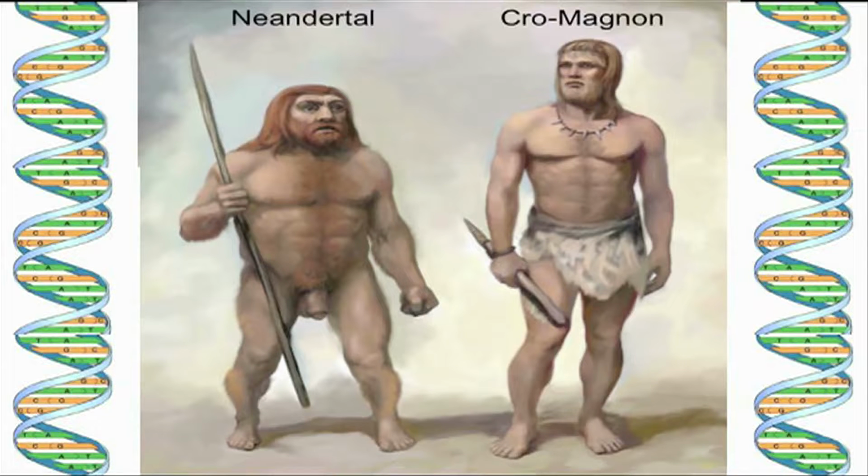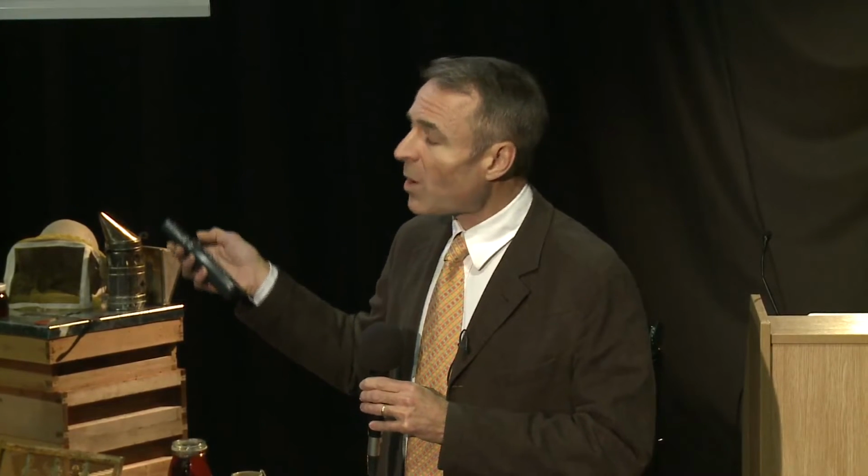And from those DNA sequences, what we can see is that our last common ancestor with Neanderthal lived about 1/3 of a million years ago, about 350,000 years ago.